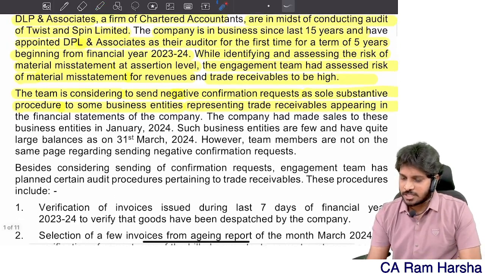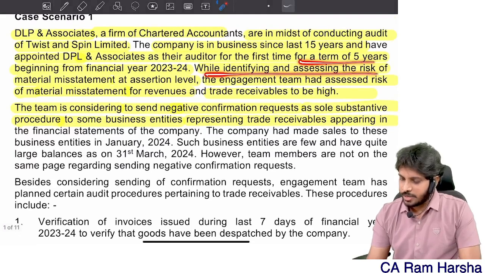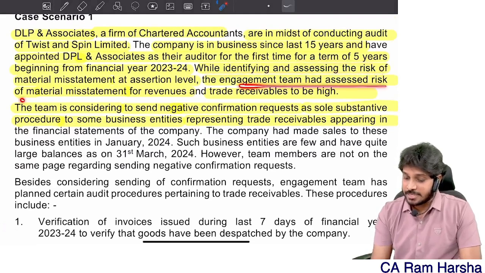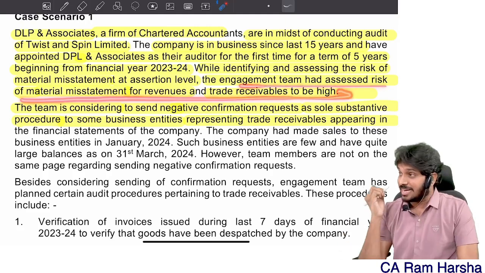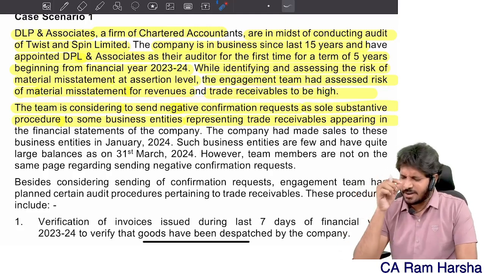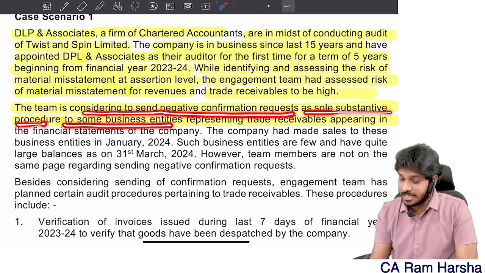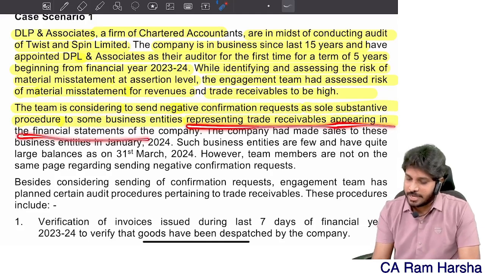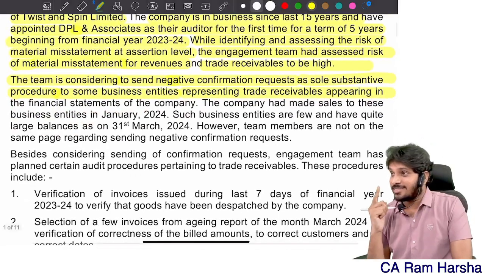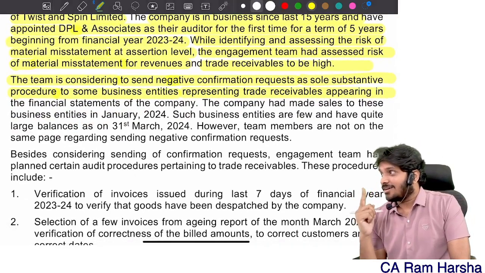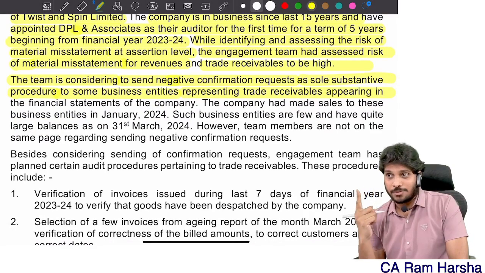Okay, they are doing risk assessment. Engagement team has assessed risk of MMS for revenue and trade receivables as high. The team is considering sending negative confirmation as a sole substantive procedure to some business entities representing trade receivables appearing in financials. Already when the risk assessed is high, negative confirmation cannot be used.